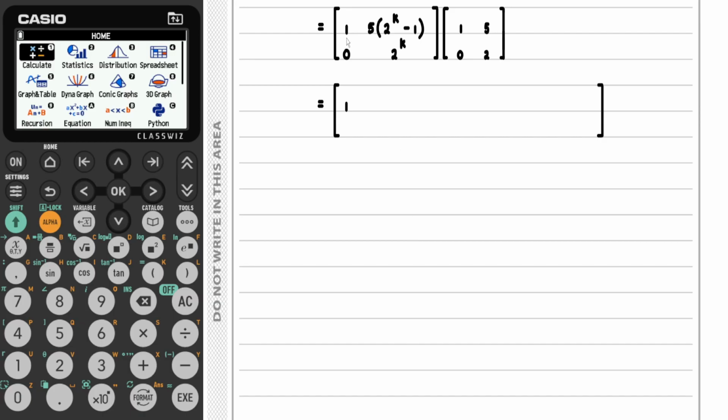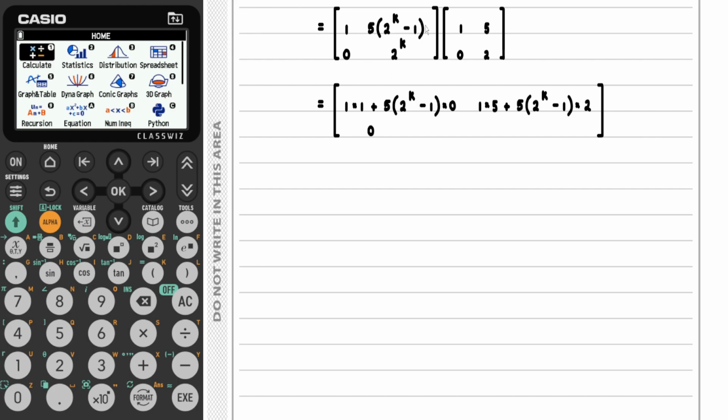So we have 1 multiplied by 1 plus 5 times 2 to the k subtract 1 multiplied by 0. Then we have 1 multiplied by 5 plus 5 times 2 to the k subtract 1 multiplied by 2.